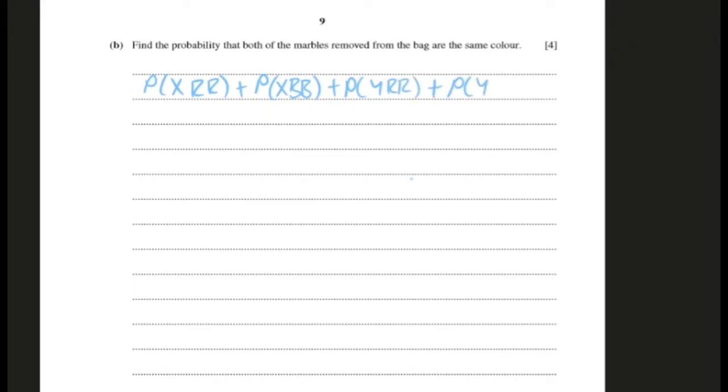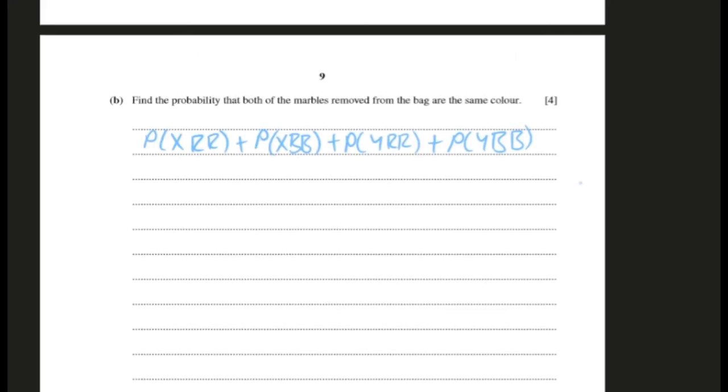So that's half times 7 over 10 times 7 over 10, and then XBB would be half times 3 over 10 times 2 over 10.